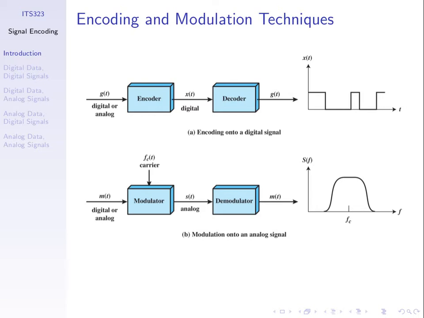And at the other side, we demodulate and get our original data back. And combined, what are they? What's it called? What's the answer? The device that does both of those things? What's a device that does modulation and demodulation?